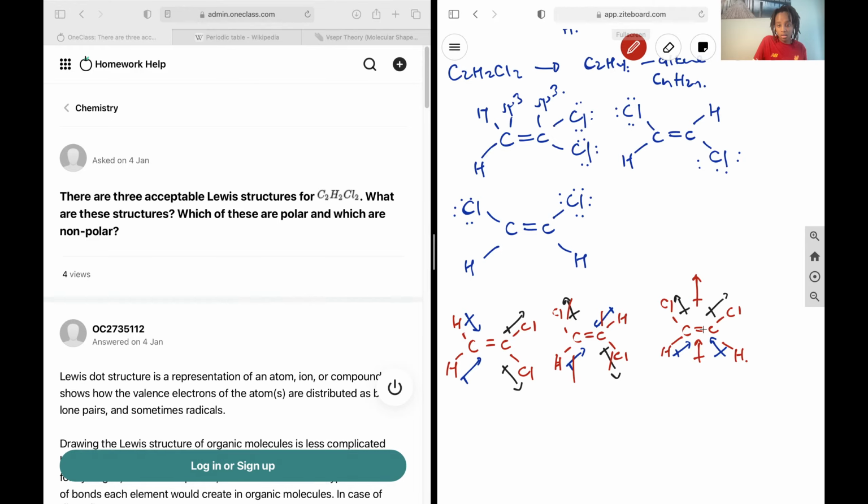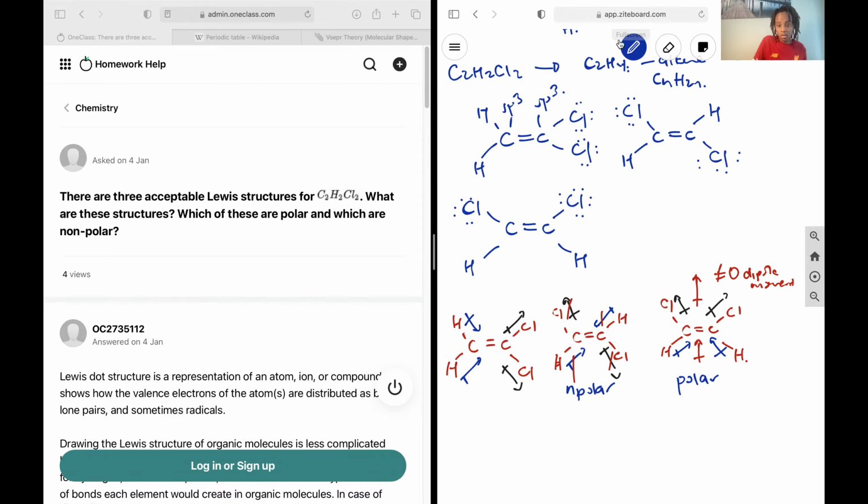Sorry, these two dipoles obviously cannot cancel out, and so we'll have a non-zero dipole moment. And we know that that means that this molecule is going to be polar. Here we've seen that they do cancel, so this one is non-polar.